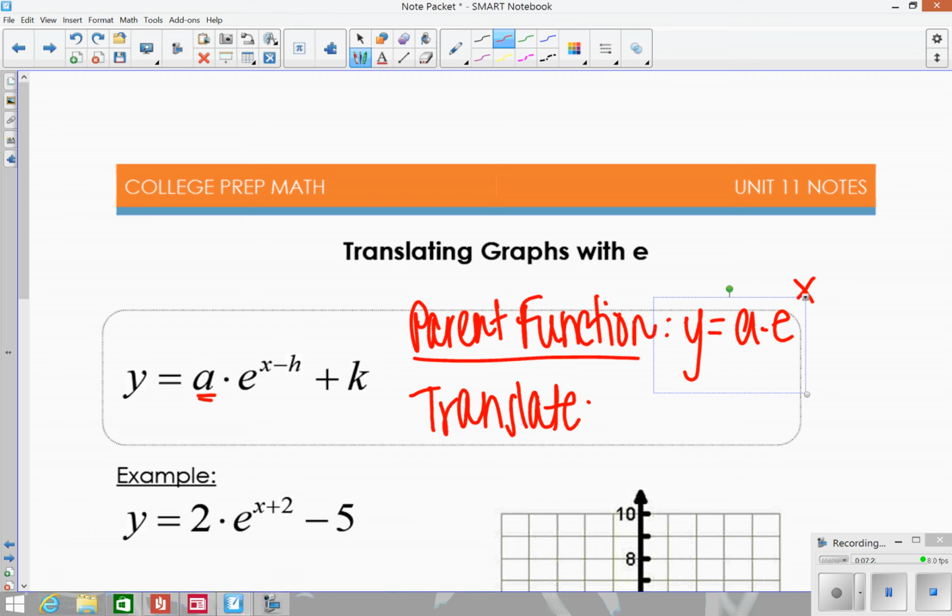That's going to be the horizontal, so it's the HIVO again. Horizontal is the inside, so it's inside of the function, inside with the x. K is on the outside, so that's going to be the vertical, and k is always what you think. So based on this, a minus h really means right h, and plus k means up k.